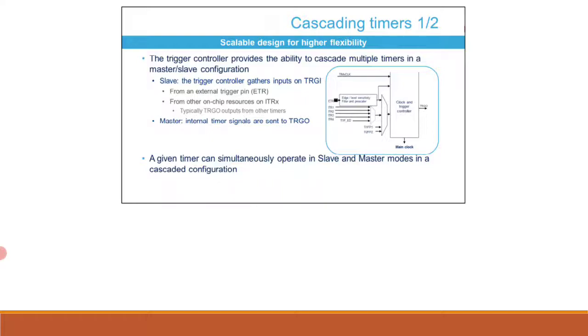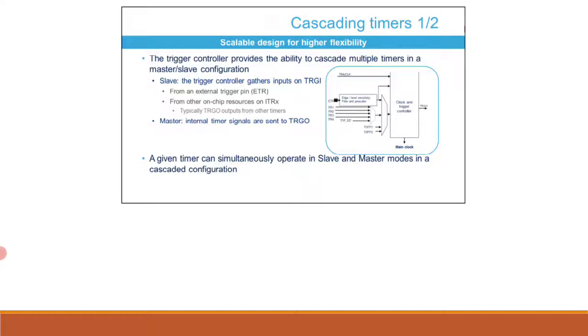on TRGI, meaning the main trigger input coming from the external trigger pin ETR, or from one of the four internal trigger inputs ITR1 to ITR4 connected to the other TRGO outputs.